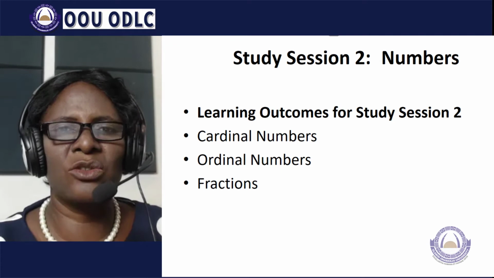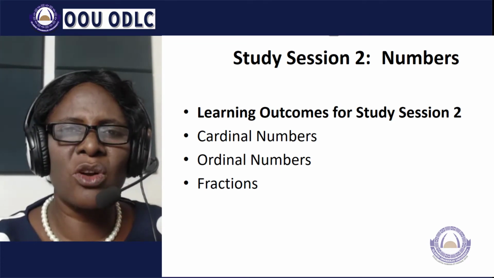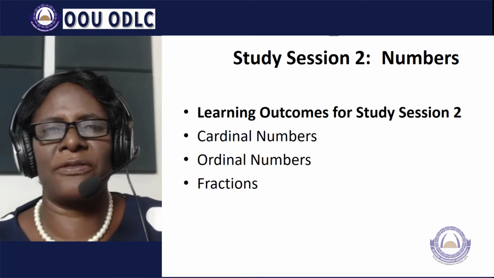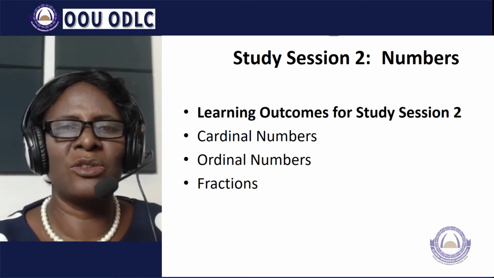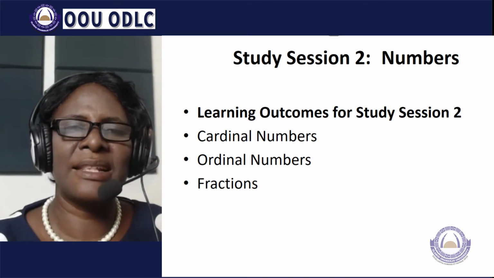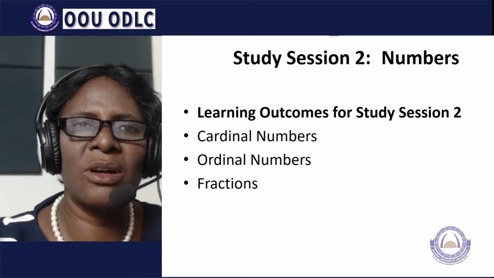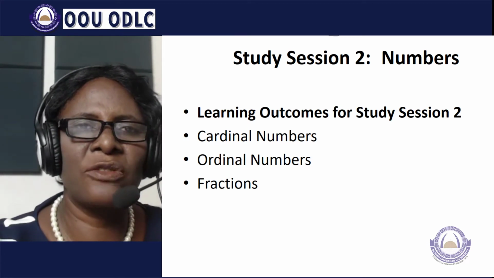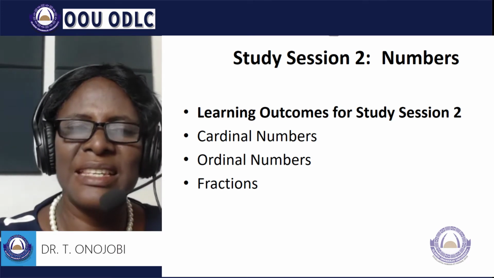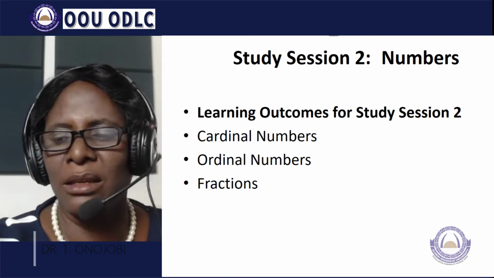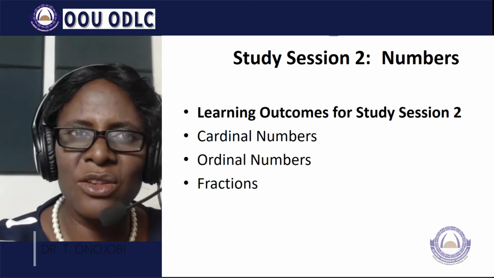You link together. 92 becomes 80, 20, 12. It becomes quatre-vingt-douze. 93, 94, 95, 96, 97, 98, 99.